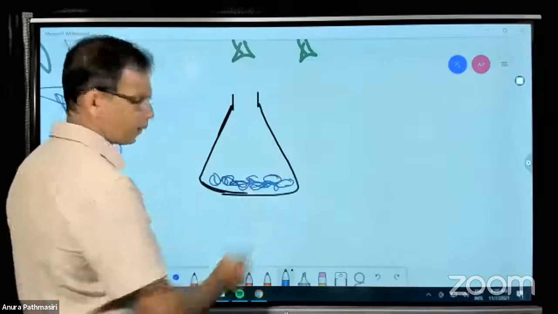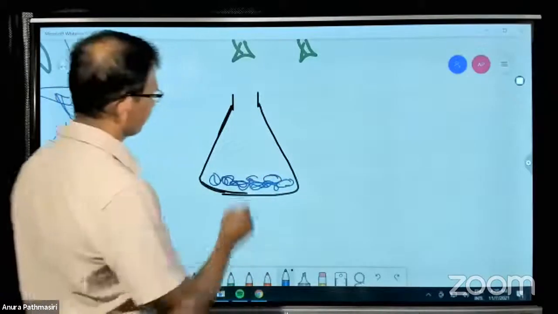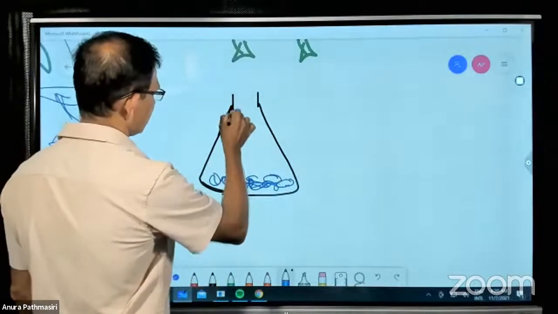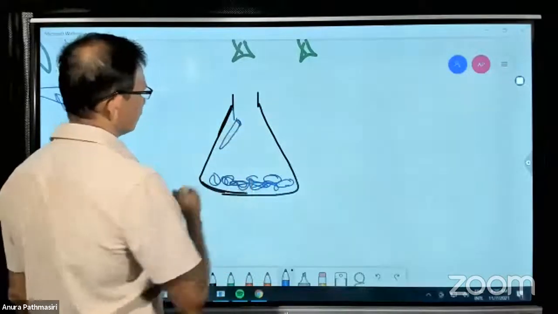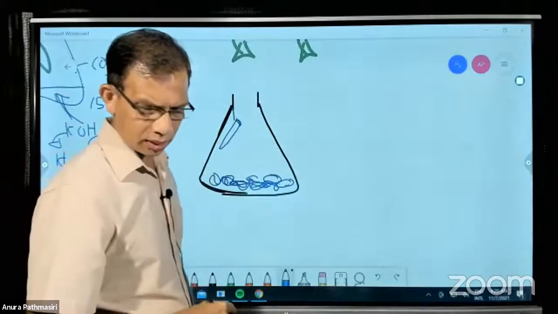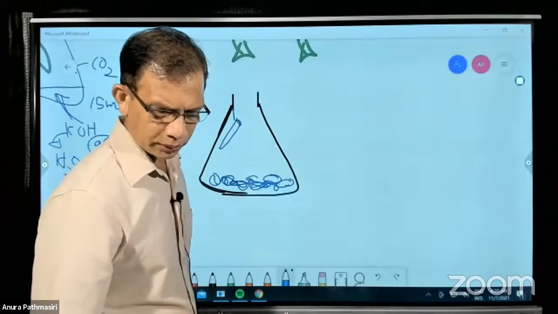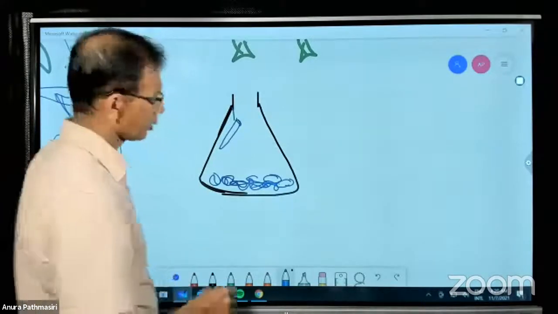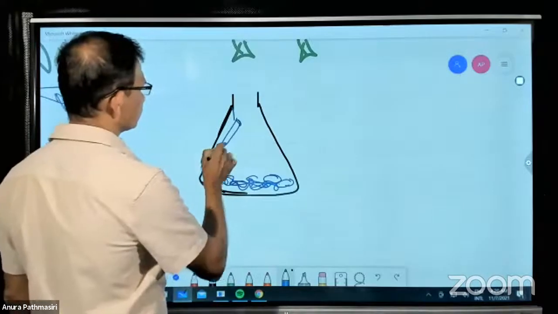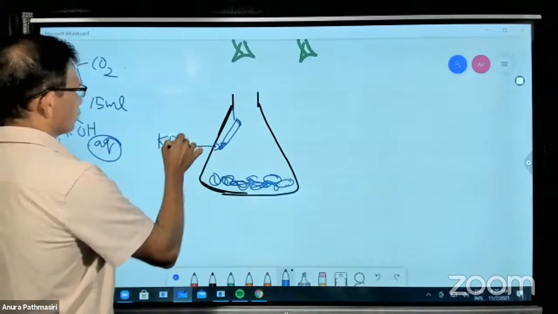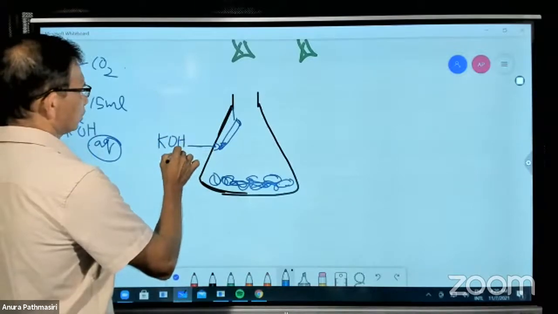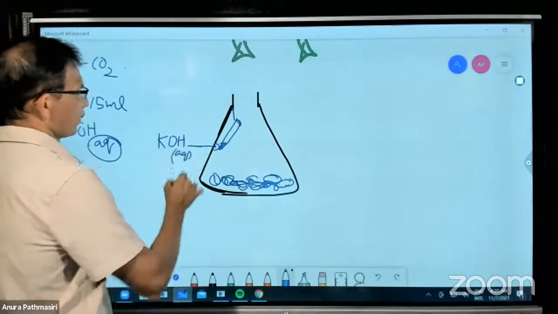Germinating seeds are there, and then there is a small tube, maybe a boiling tube, and put potassium hydroxide solution there, KOH aqueous.